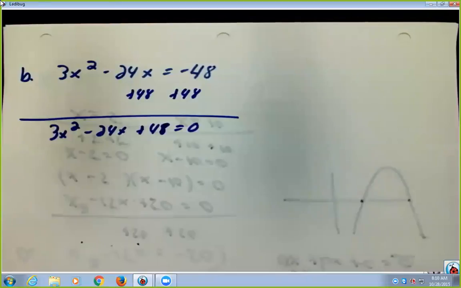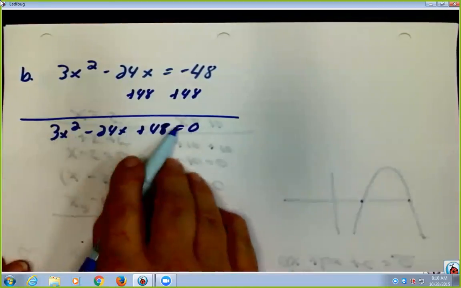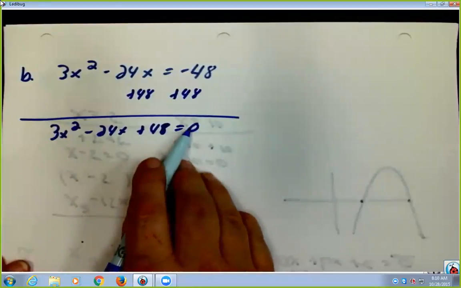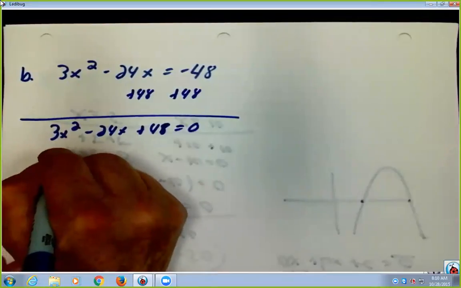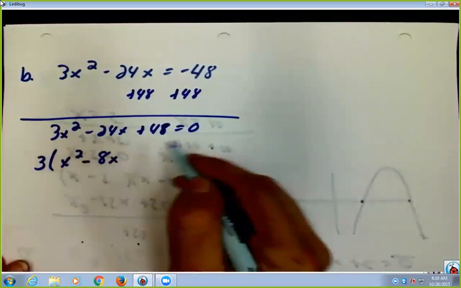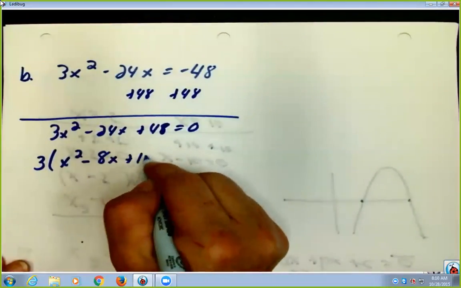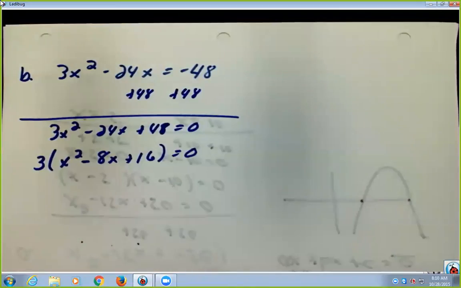And before you hop in, again, the review of factoring is that I can pull a 3 out of all of this before I start factoring it. So if I can pull a 3 out, let's do that. I pull a 3 out, I get x squared, 3 goes into 24 eight times for the x term, and 3 goes into 48 sixteen times.